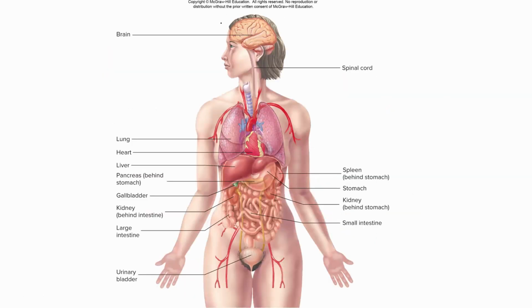You do need to know and be able to identify a bunch of different organs. So everything you see here, you will need to be able to identify for the exam. Okay, I'm not going to go list all of these. You probably know all of these organs already. But you can see here we've just got this collection.